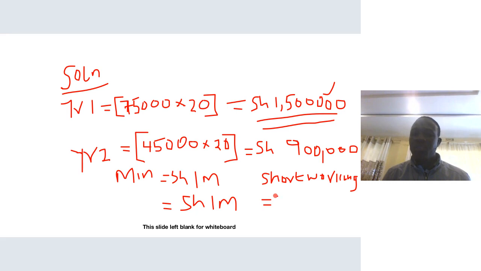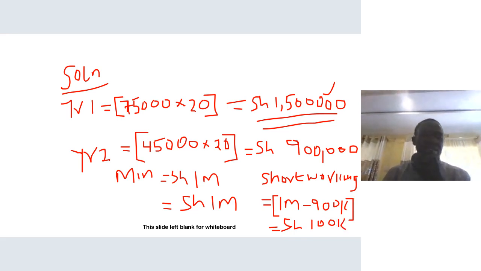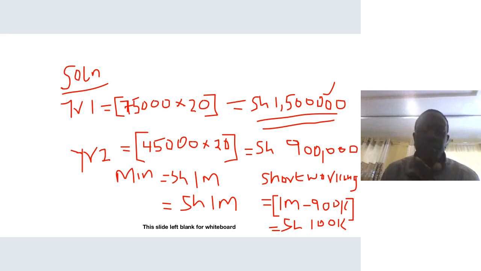So that will be given by 1M minus 900,000. That gives us the difference of 100,000. So the short working will be 100,000. So that is how we go about that.